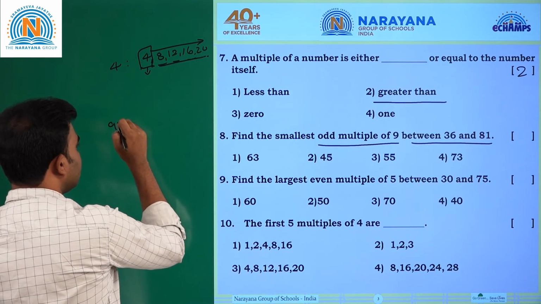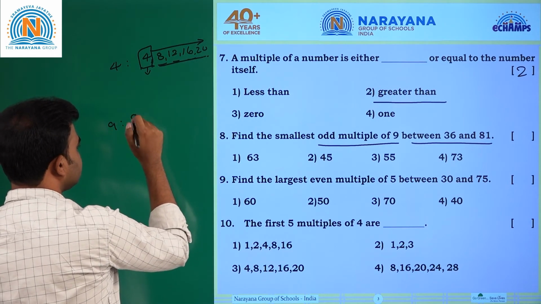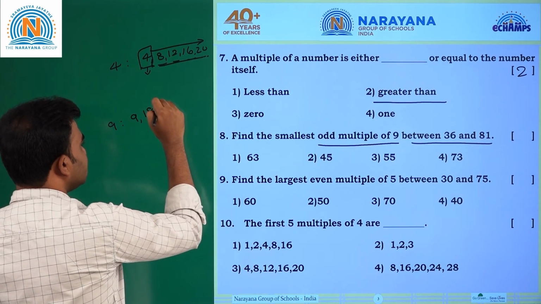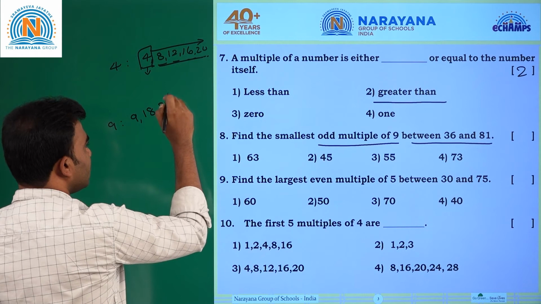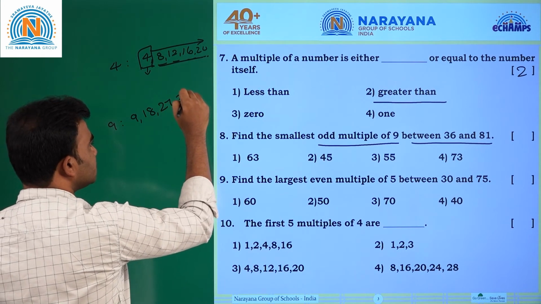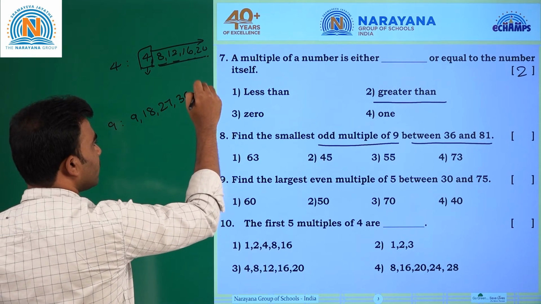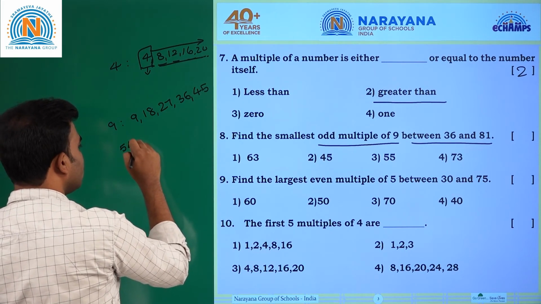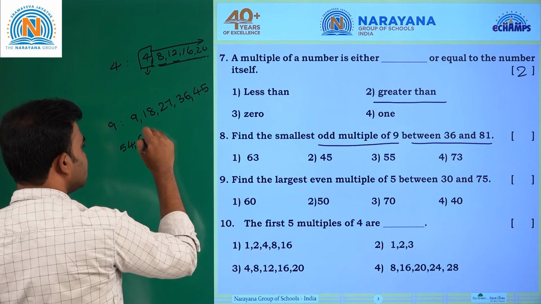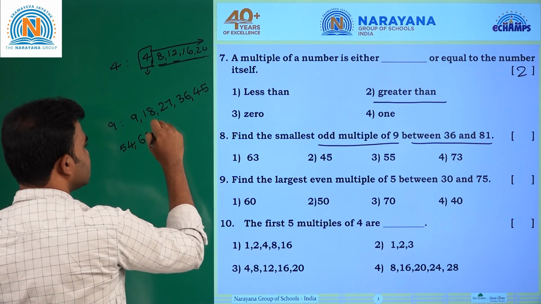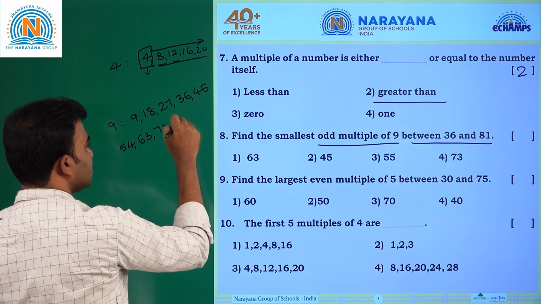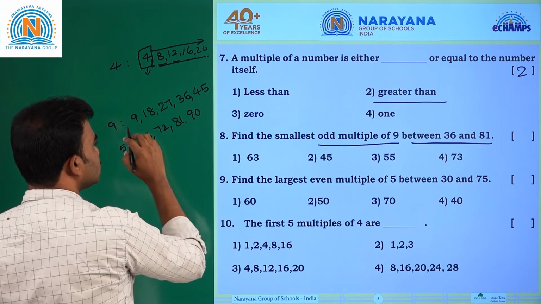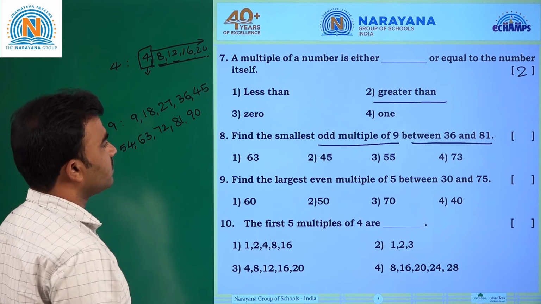Multiples of 9 are 9, 9 2s 18, 9 3s 27, 9 4s 36, 9 5s 45, 9 6s 54, 9 7s 63, 9 8s 72, 9 9s 81 and 9 10s 90.